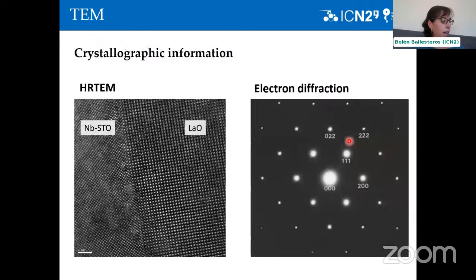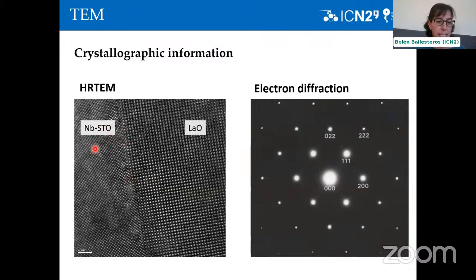So what other information can we get? We can get crystallographic information of our samples. If we have a high resolution TEM and we increase the magnification quite a lot, we can see the crystal structure of our materials and start seeing atomic level information.